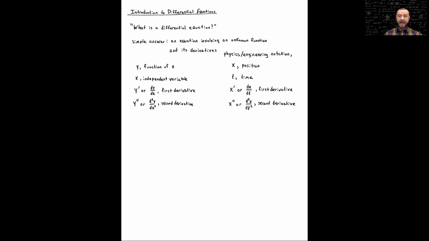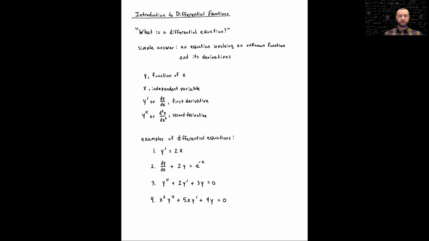So we would consider x as the position function, and then t for time would be the independent variable in this setting. And the derivatives there you might recall from your previous calc courses: the derivative of position is velocity, and the second derivative of position is acceleration. All right, so we're going to stick with the y as a function of x notation.